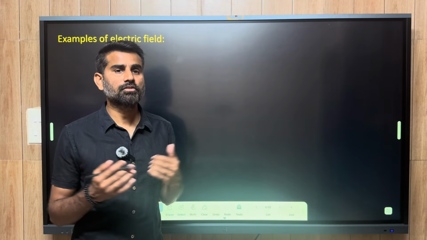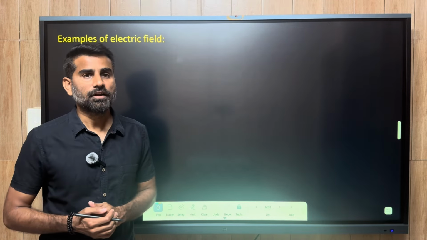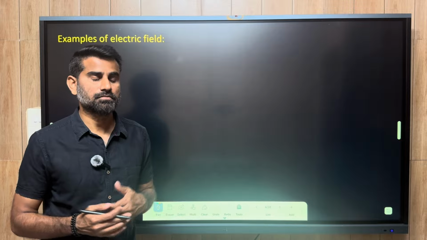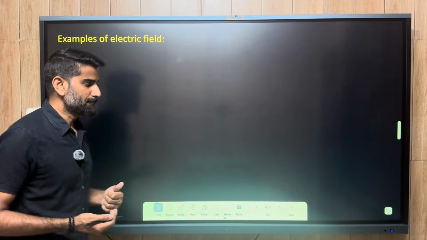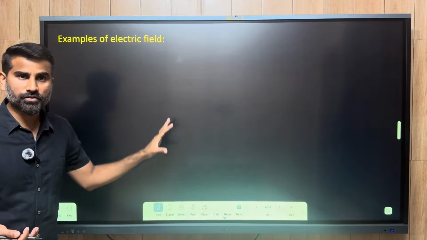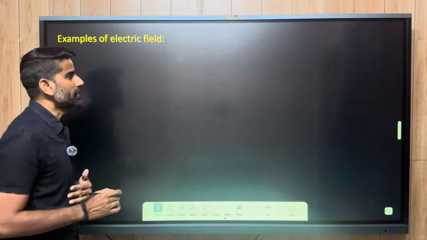These are the concepts that we are going to learn in the next lecture. So for now, whatever formulas we have learned so far, we are going to use them in these examples.